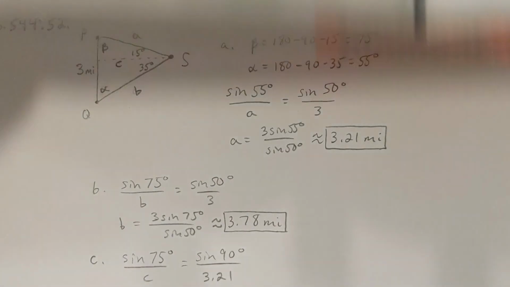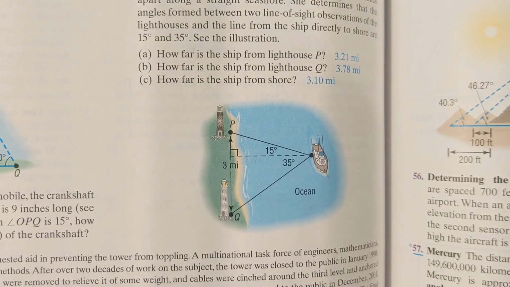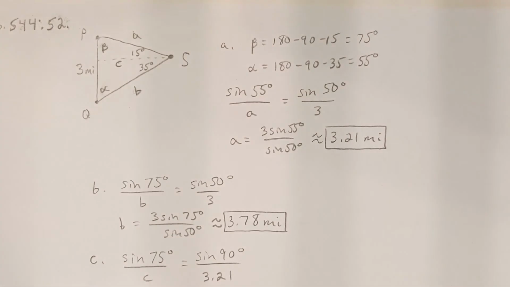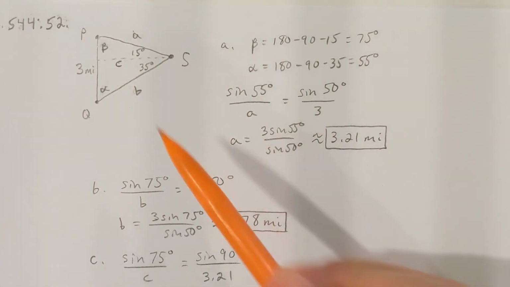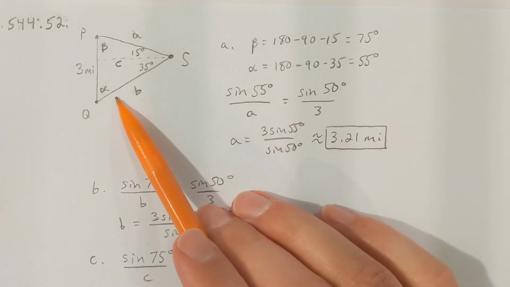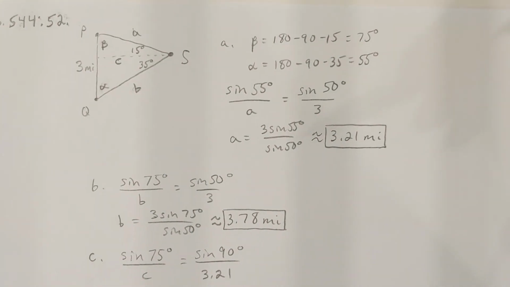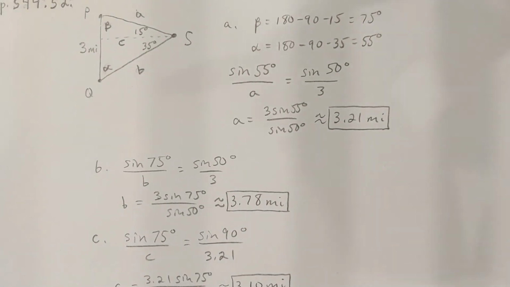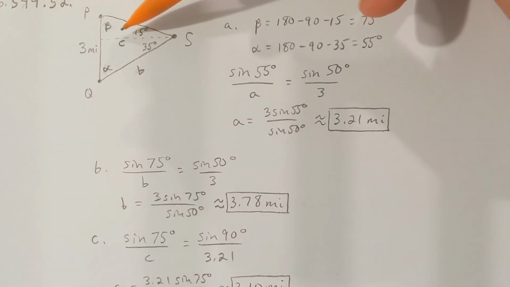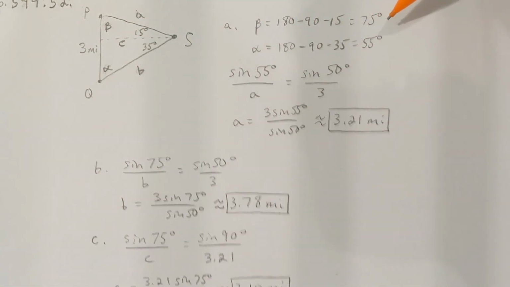Part B says, how far is the ship from lighthouse Q? I'm calling that measurement B miles here. And again, I'll want to use the law of sines. B is opposite beta, right? And beta is 75 degrees.